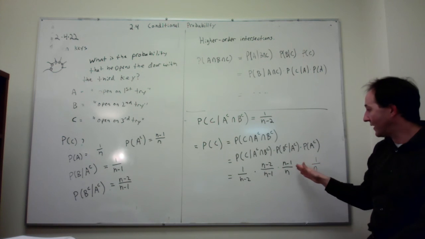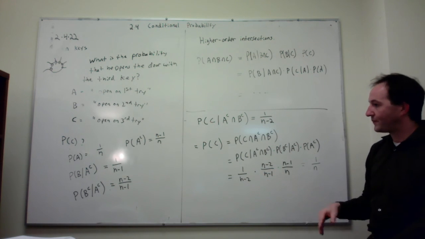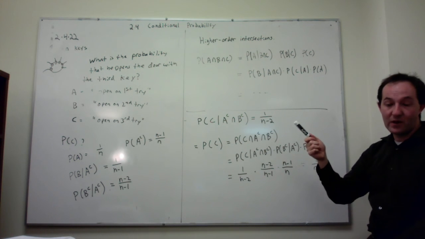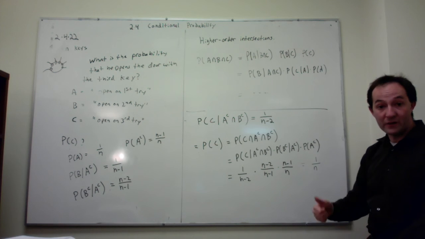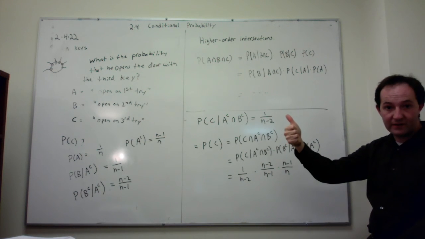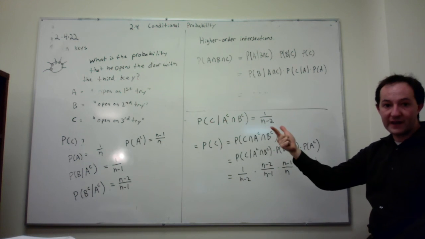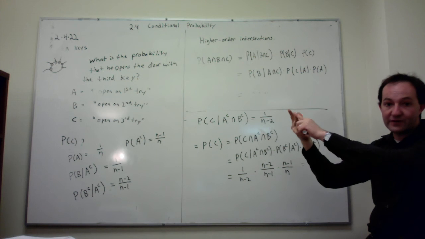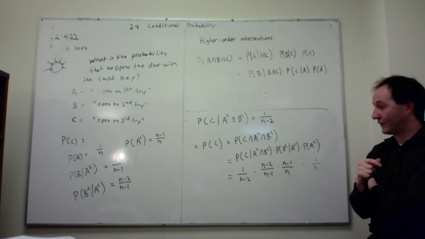So that's another way of getting to this. We want to say, what's the probability of him opening the door on the third try? Well, in order to open the door on the third try, he needs to fail on the first try, then fail on the second try, given that he's failed on the first try, and then succeed on the third try, given that he's failed on the first 2 tries.